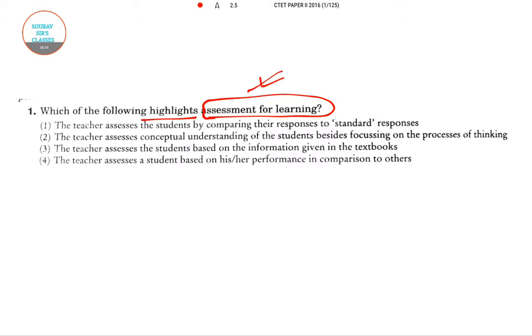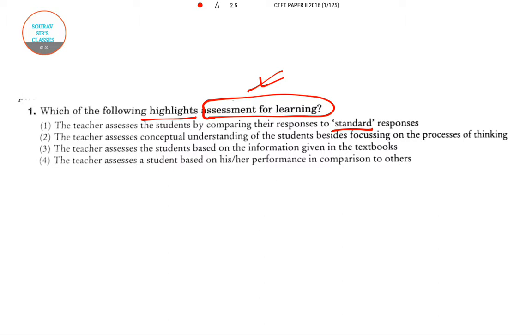Now here the 4 options are: the teacher assesses the student by comparing their responses to standard responses; the teacher assesses the conceptual understanding of the students besides focusing on their processes of thinking; the teacher assesses the students based on the information given in the textbooks; and the last one, the teacher assesses the student based on his or her performance in comparison to others.